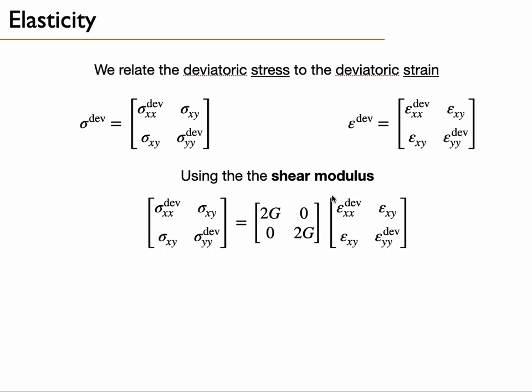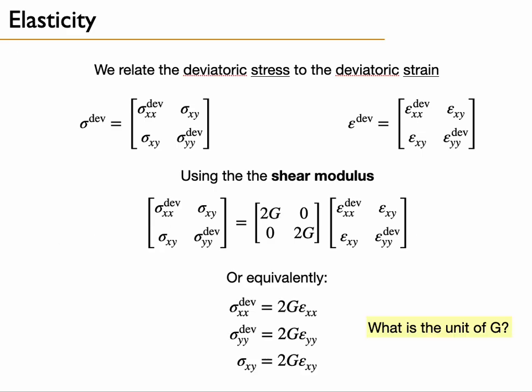We will use a coefficient matrix here that is diagonal for deviatoric deformation and contains the shear modulus, G. Equivalently, one can write this expression, sigma xx deviatoric is equal to 2 times G times epsilon xx. Sigma yy deviatoric is 2 times G times epsilon yy, and sigma xy is 2G epsilon xy.